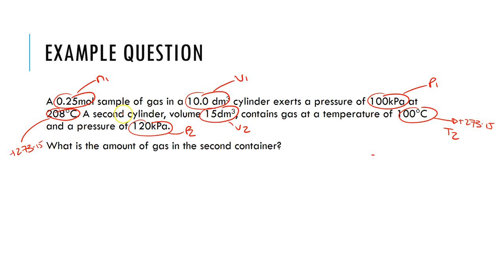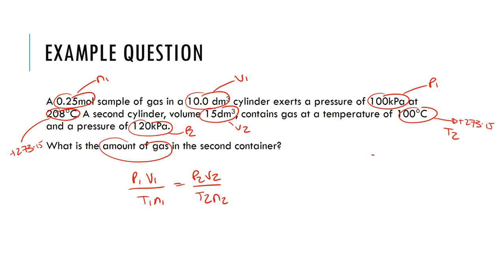It's a sample of gas in a syringe and it hasn't said anything about adding or removing gas, so I can assume that n is constant. So I get P1V1 over T1 is equal to P2V2 over T2, remembering to convert to Kelvin. Oh, I'm actually solving for n. Sorry about that.